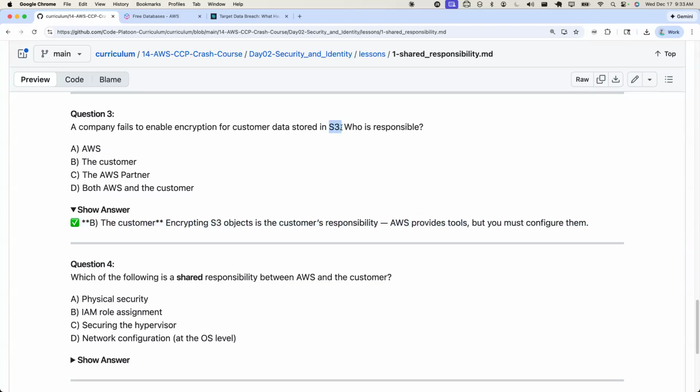What's an S3? Does everyone want to take a guess? We probably haven't seen this one yet, which is why I wanted to touch on it. Rick, yes, sir.